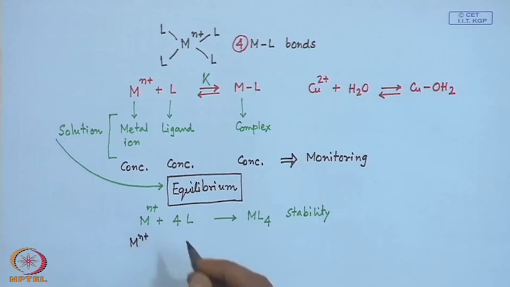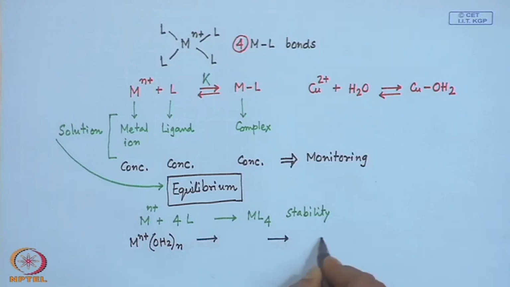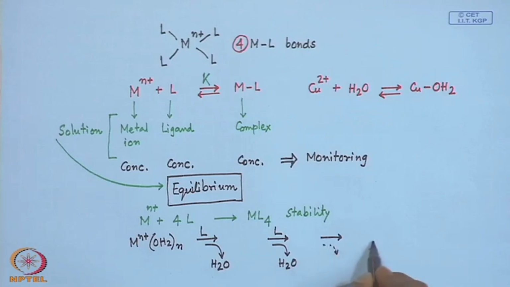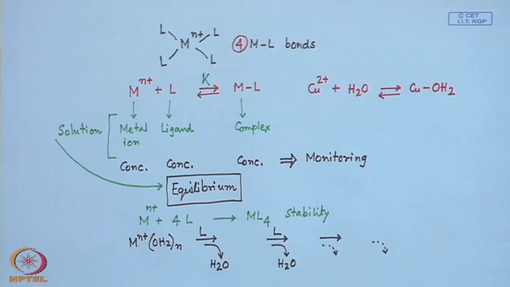Because Mn+ was there and we can have a large number of bound water molecules. So, at different intermediate stages, we remove a water molecule as we react it with 1 L, remove the second water molecule as we push the second ligand, similarly the third and the fourth.